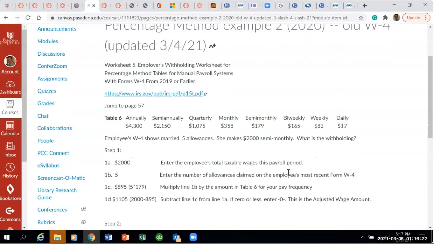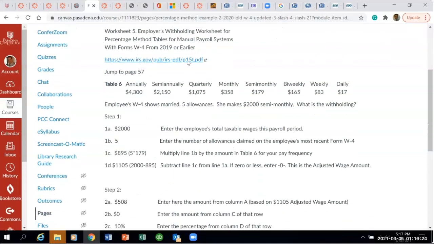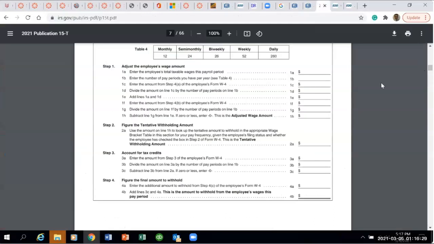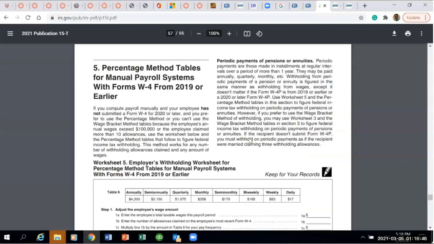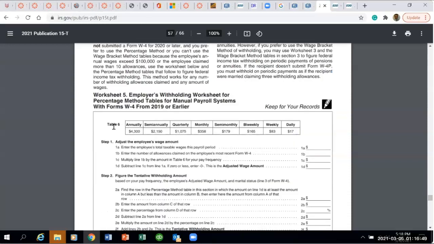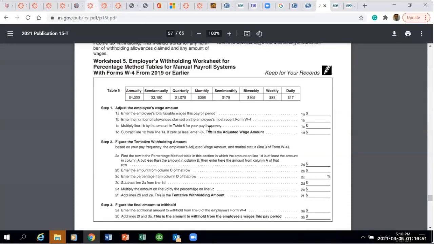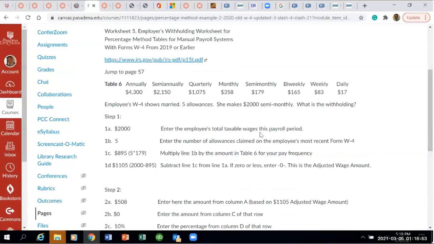And she makes, okay. So what do we do? We go, again, to the old W-4 percentage method, page 57. So enter the employee's total taxable wages in the worksheet.